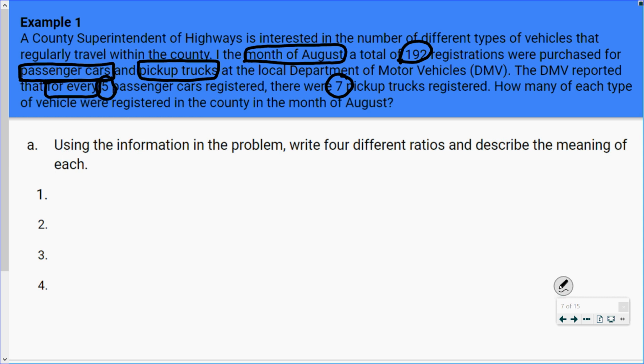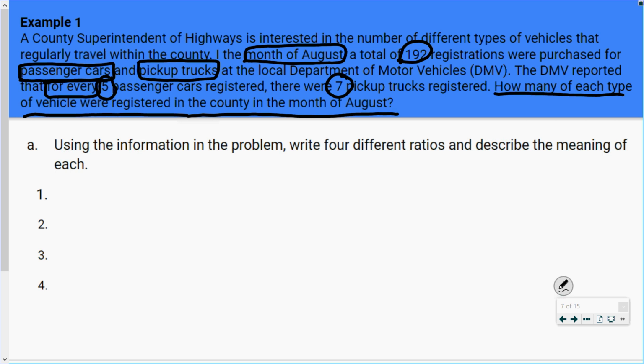And then the question is, how many of each type of vehicle were registered in the county in the month of August? Okay, so in the end we're going to have to figure out the total of passenger cars where they purchased the registration and the total of trucks that purchased registration.